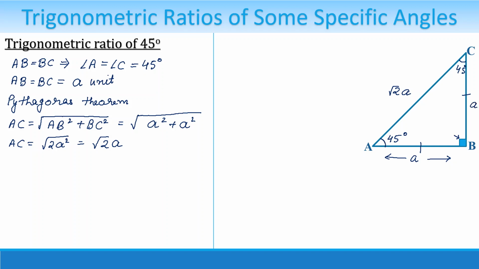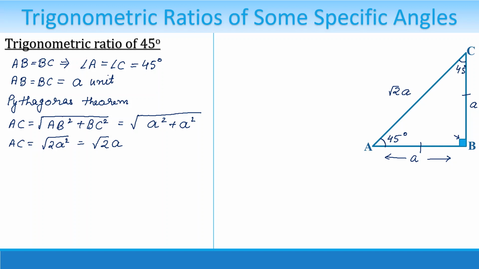So now we can see that we have the lengths of all three sides of this triangle ABC. Once we get the measurements of all three sides of a right angle triangle, we can determine the value of any trigonometric ratio.